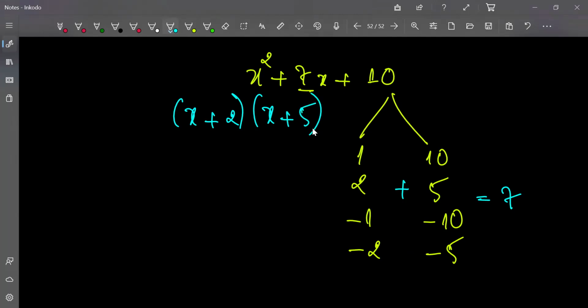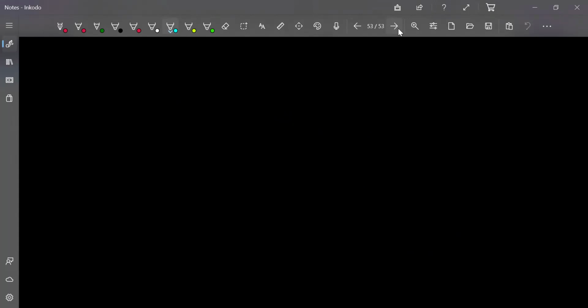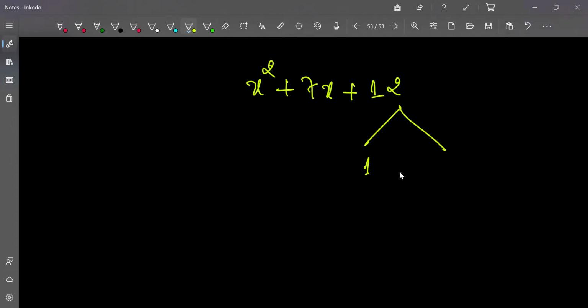Okay. So let's try another example. If I have x squared plus 7x plus 12. So now 12, we can find it by listing the factor pairs of 12: 1 and 12, 2 and 6, 3 and 4.